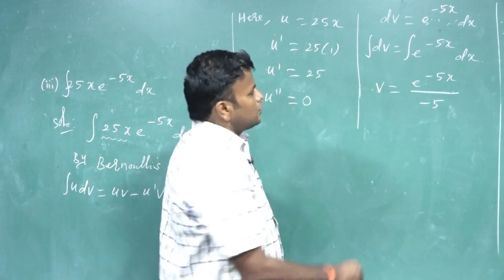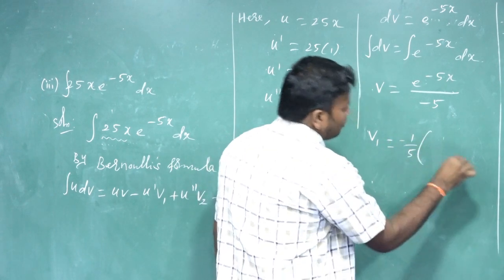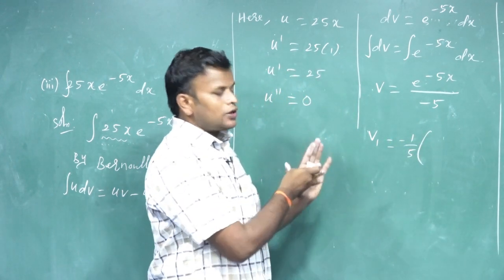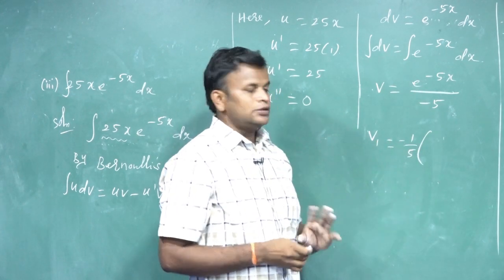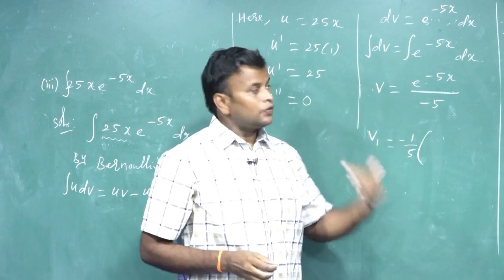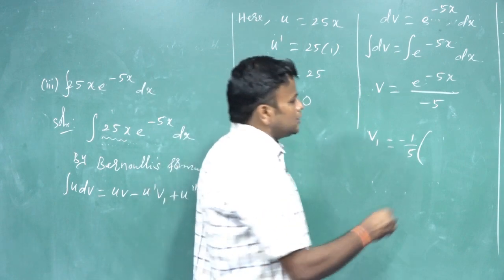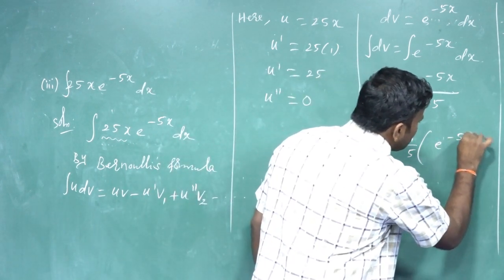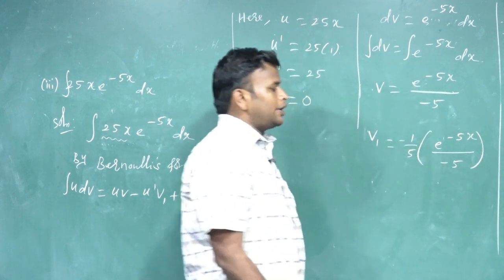We need v1 also. For understanding purposes, I will take the constant outside. In standard form, minus 1 by 5, I will take outside. What is the remaining? E power minus 5x. The integrating of e power minus 5x is again e power minus 5x divided by minus 5.